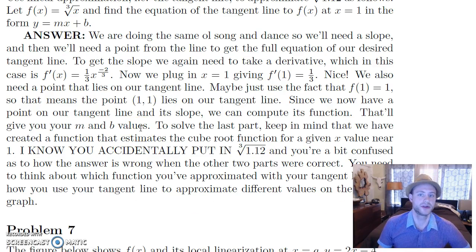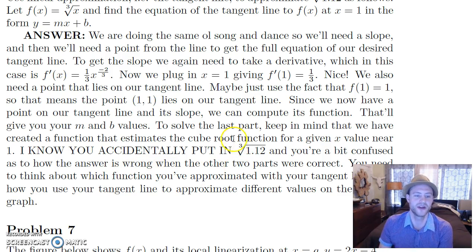So now you should be good at using a slope and a point on the line to compute the equation of the line. That's your m and b value. Slope, y-intercept. To solve the last part, keep in mind that we have created a function that estimates the cube root of a function for a given x value near 1. I know you accidentally put in cube root of 1.12, and you're a bit confused as to how the answer is wrong when the other parts were correct.